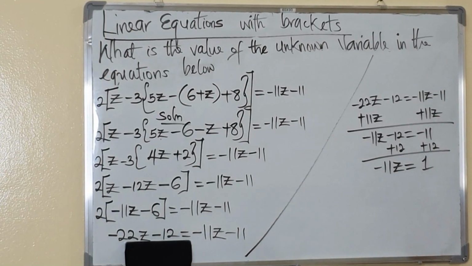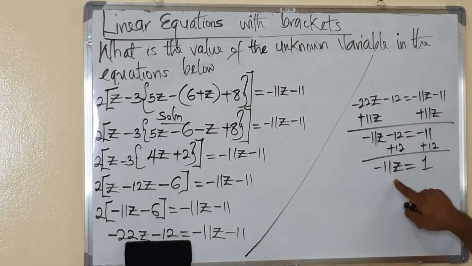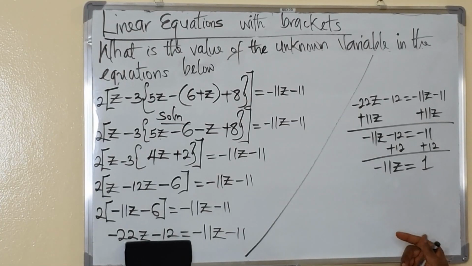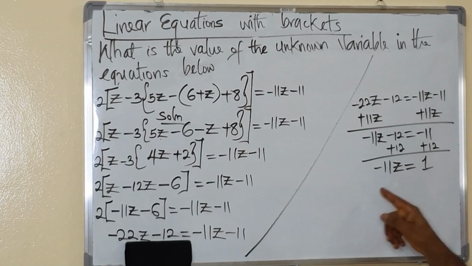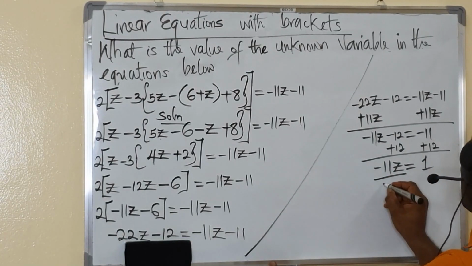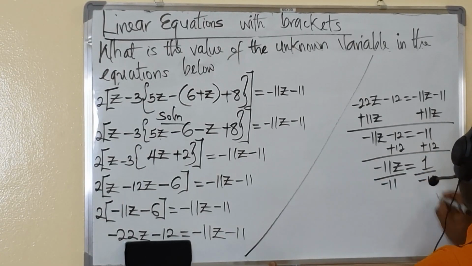Now on the left, we are not done because we still have negative 11 as the coefficient of the unknown variable z, which we are looking for. The only way to make this work out now is to divide both sides by the coefficient of the unknown variable, which is negative 11. So I'll be dividing the left hand side by negative 11, and I'll be dividing the right hand side by the same negative 11.